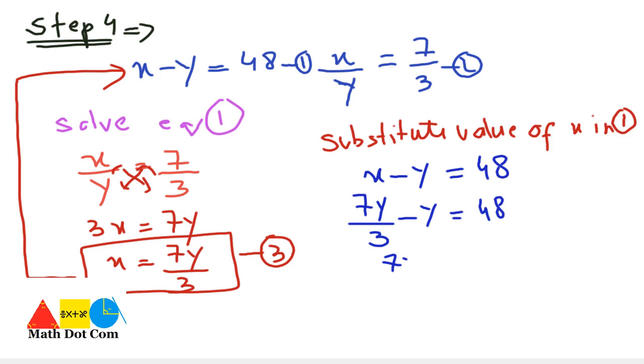Let's take the LCM. 7y minus 3y over 3 equals 48. The 3 will move up. 7y minus 3y is 4y equals 48 into 3.